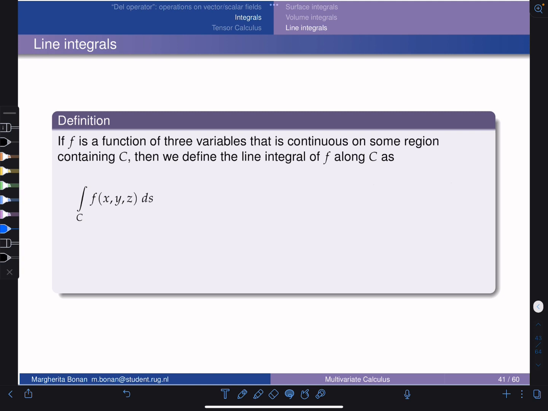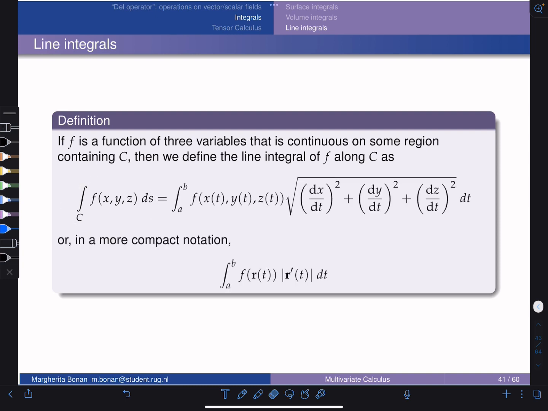Now, if f is a function of three variables that is continuous on some region containing C, we can define the line integral of the function along the curve. This is the notation for the line integral, and it is equal to the function evaluated at x of t, y of t, and z of t times the length element of the curve, which is given by the formula that we saw before, dt.